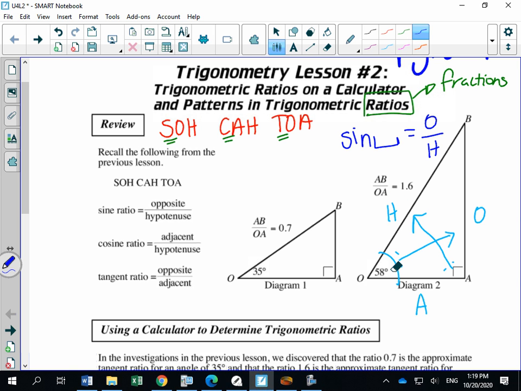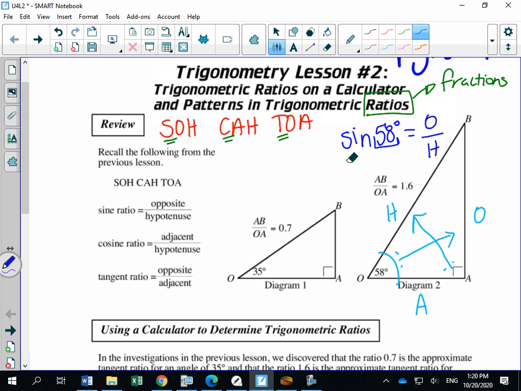Now I could actually write an angle in. So what is the angle that they want me to write in here? 58 degrees. So the sine of 58 degrees is equal to opposite over hypotenuse. So we always write our angle next to our trig ratio. So either sine, cosine, or tangent.